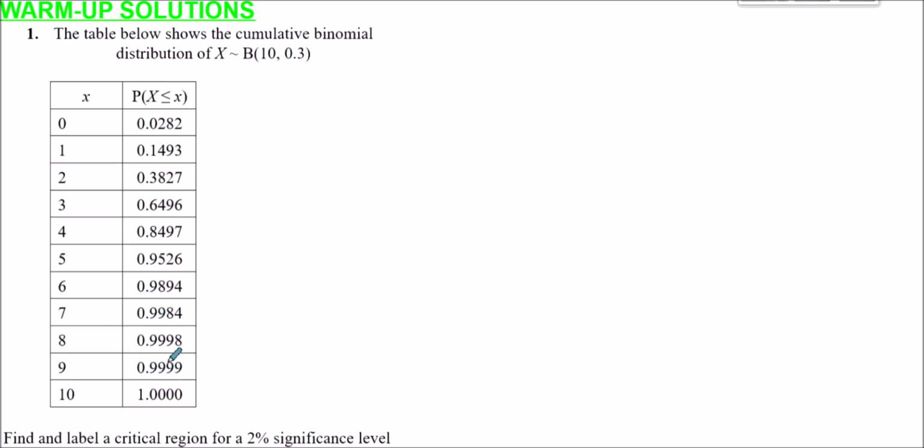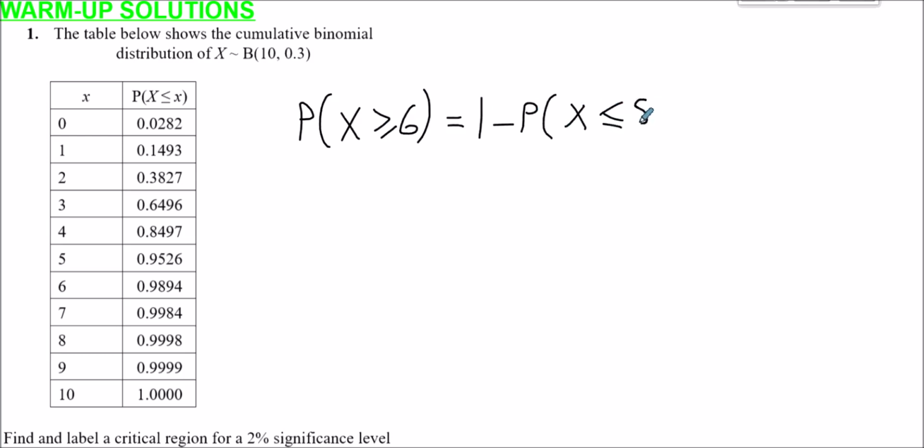And so we're wanting to find the value which, when we do 1 minus this number, it becomes less than 0.02. So for example, if we look at where it goes above 0.98, we're drawn to x being equal to 6. So the probability of x being equal to or greater than 6 is 1 minus the probability of x being up to and including 5.